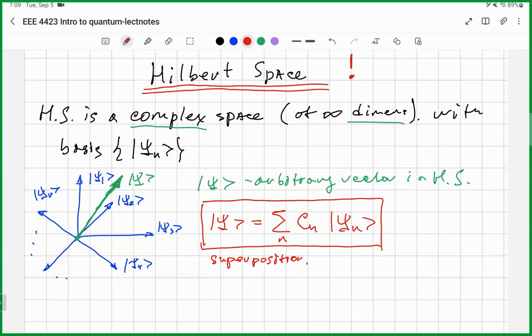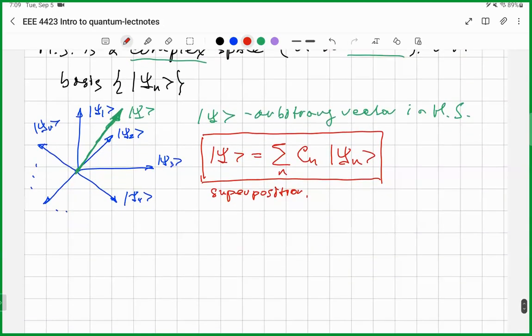But the rules of quantum mechanics dictate that before we measure the system, we have to consider the system to exist in all these states simultaneously, at the same time. And we represent this state by the psi vector.